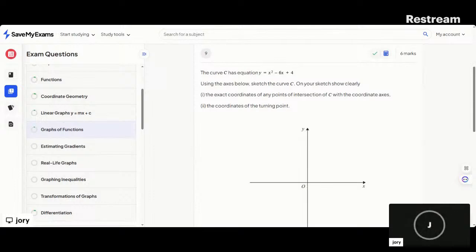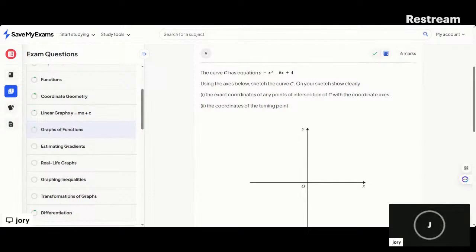Now that I've found the turning point, what do I want? Oh, the solution. Okay, so x squared minus 6x plus 4 equals 0. Use your calculator. 1, negative 6, and 4. And I don't know.